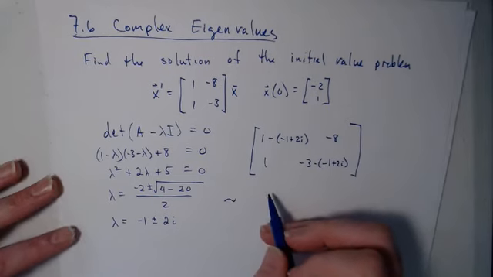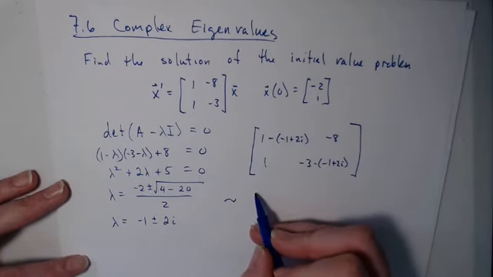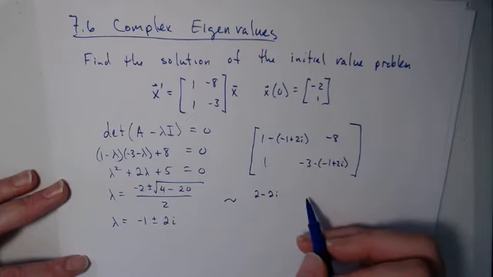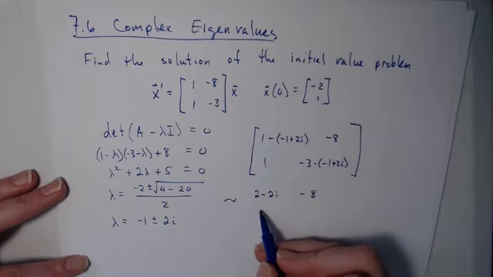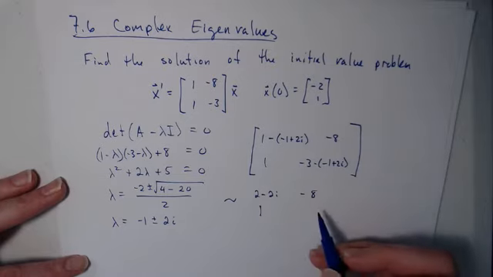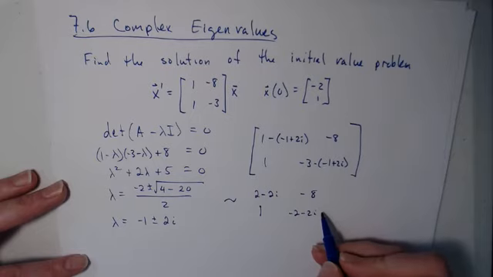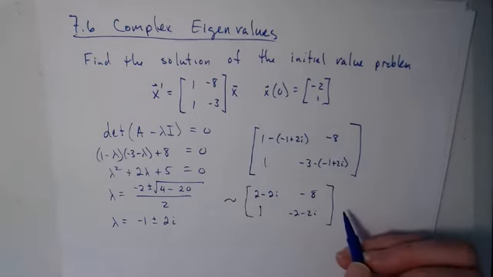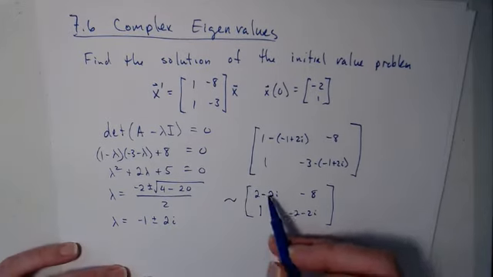When we row reduce this, we get 2 minus 2i, negative 8, 1, negative 2 minus 2i. Now, just like before, we can row reduce this.